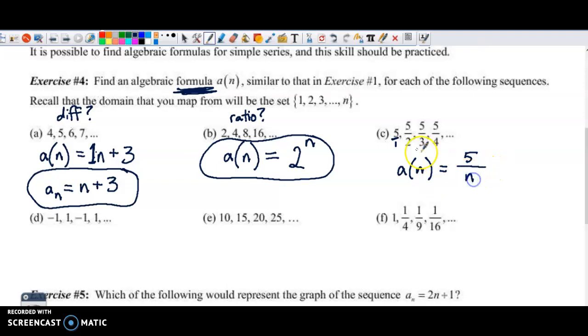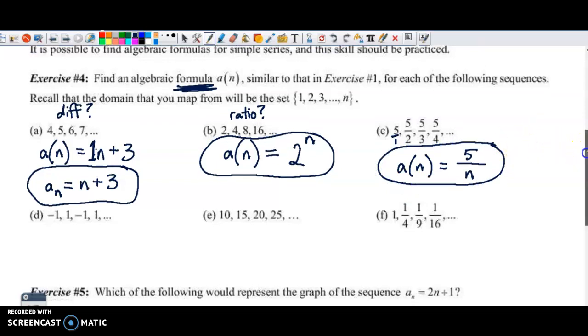And in this case, it's just 1n plus 0. If you want to write 1n plus 0, you could. But the first term is 1. The second term is 2 in the denominator. The third term is 3 in the denominator. So that's all we need there.